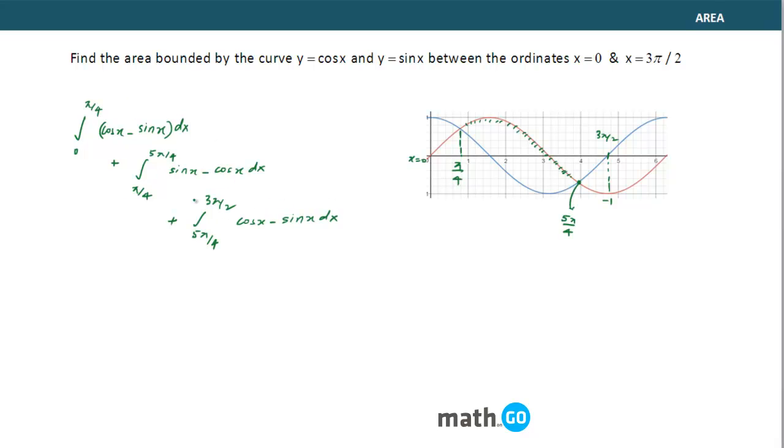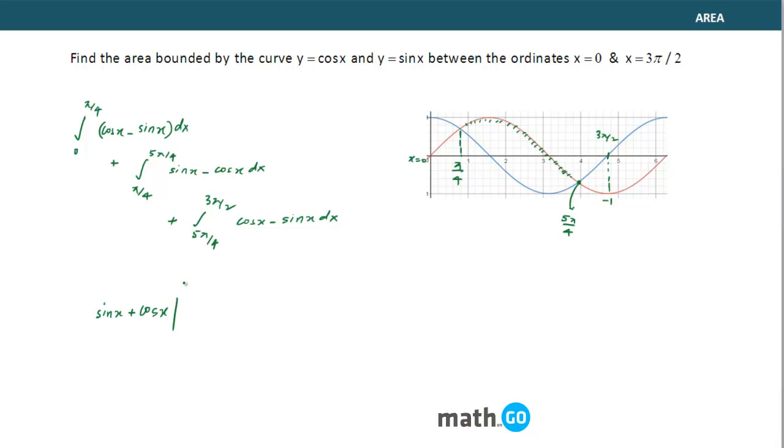And now you can just quickly solve. I'm leaving the solving part for you guys, right? Every time, the integral of cos x is sin x, and the integral of sin x will become minus cos x.